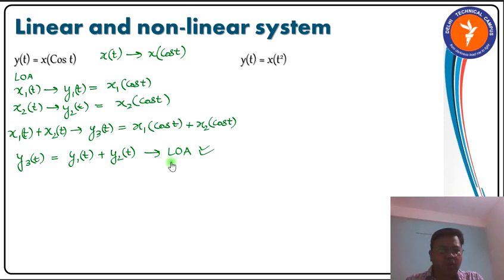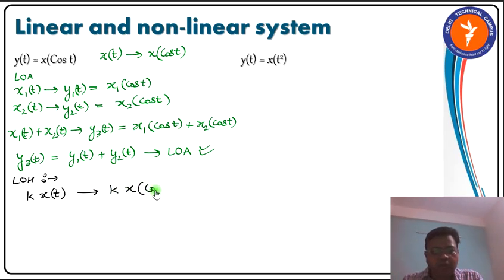Now let us check the law of homogeneity. In the law of homogeneity, instead of x(t), I will excite the system with kx(t), and I can clearly notice that there is no effect on the scaling factor, so I will get k times x(cos t).